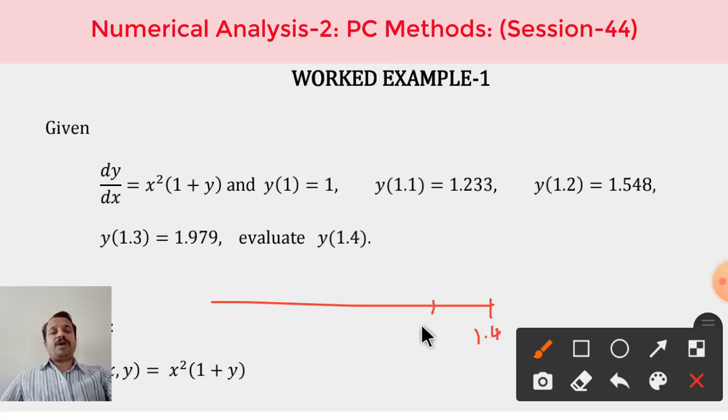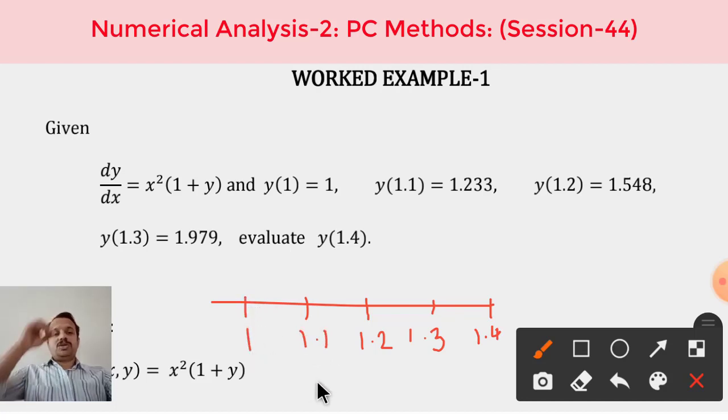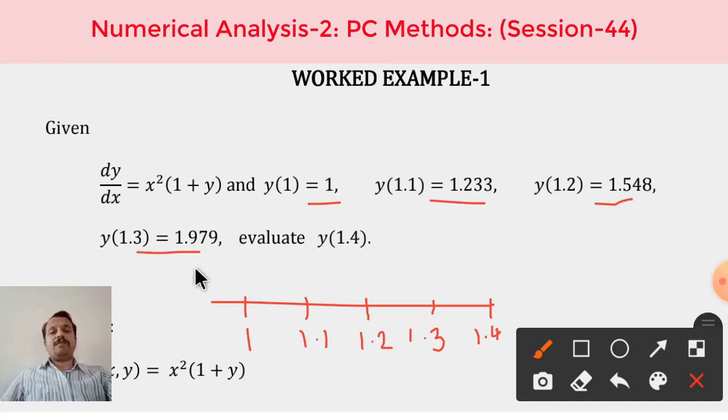So these four values, starting values, have been given over here, and using these four values as the starting values, we can very easily use the Adams-Bashforth method and find the value of y at 1.4.